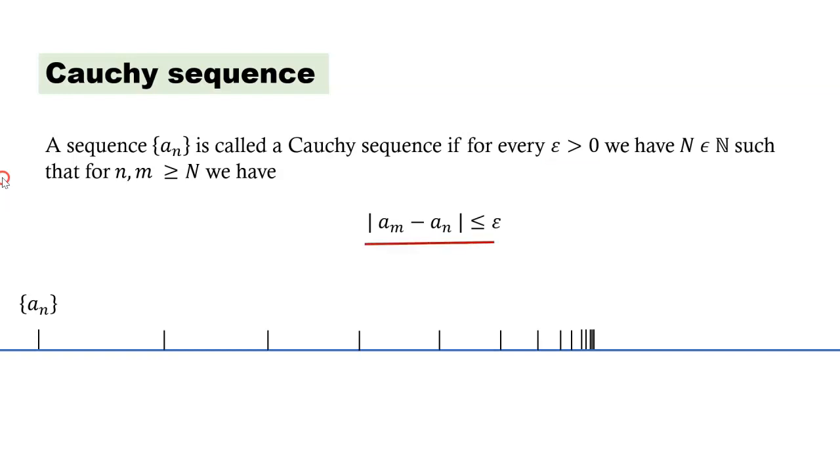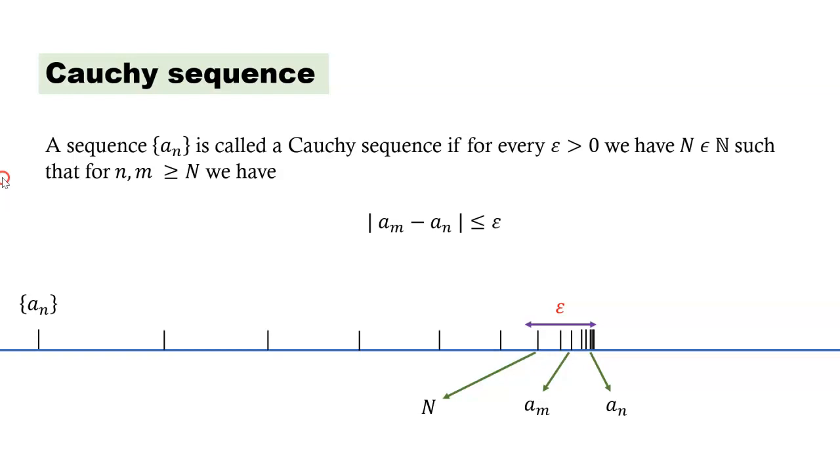Let's look at it this way. Suppose you give me a number epsilon greater than 0. Then if I can find a number capital N such that, as I will show you here, all the terms which are ahead of this capital N are within epsilon distance of each other, then the sequence is a Cauchy sequence.